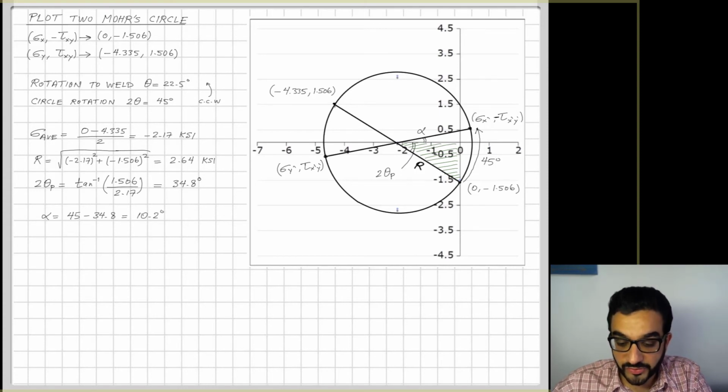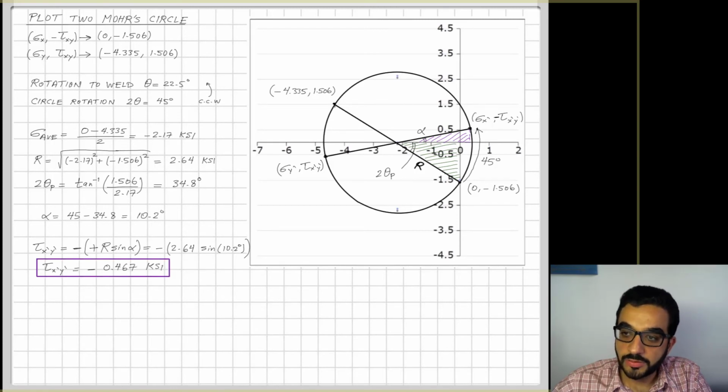And by knowing this alpha angle, I will be able to deal with this triangle and figure out the values of sigma x prime, tau x prime y prime, and sigma y prime. The first one, tau x prime y prime, its value is the height of this purple hatched triangle, so it's equal to r sine alpha.